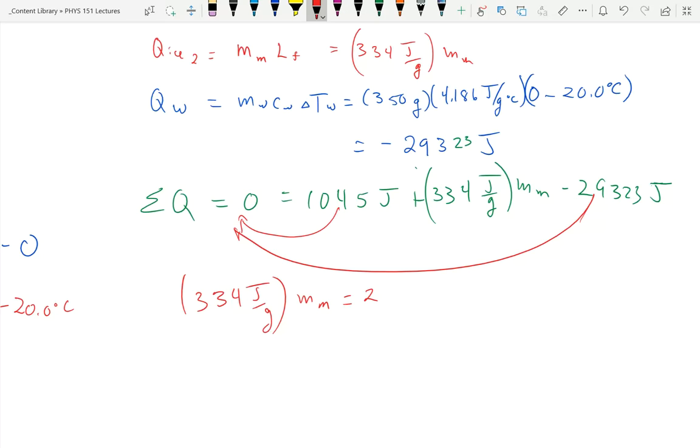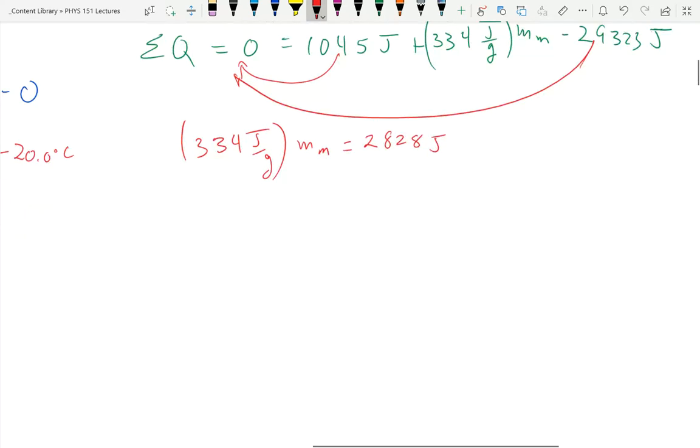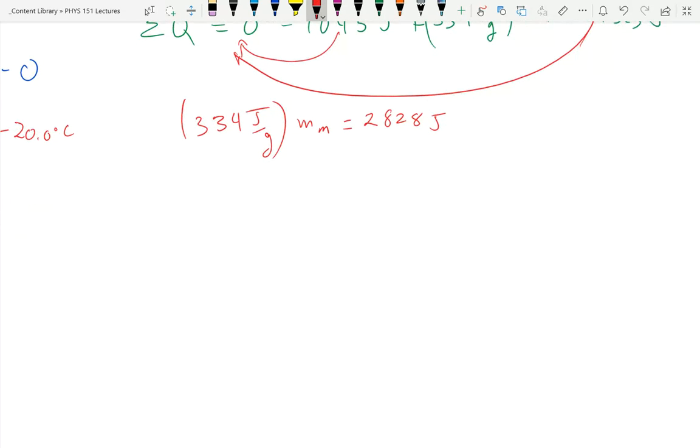What'd you get? Yes. Okay, so 29325 minus the 1045. Which is? 28280. So the final step, divide by 334. Oh, I missed a 0. So divide everything by the 334. 85 grams.